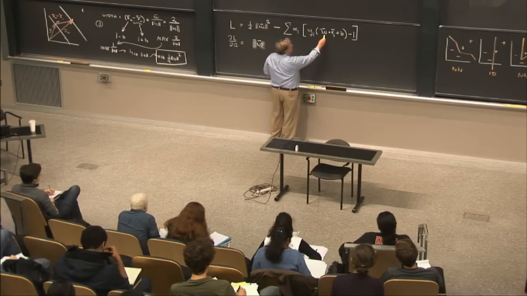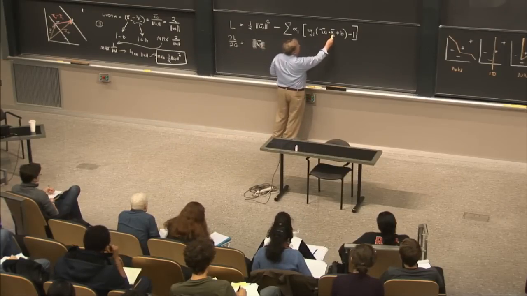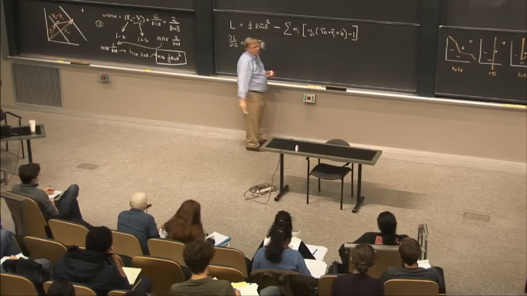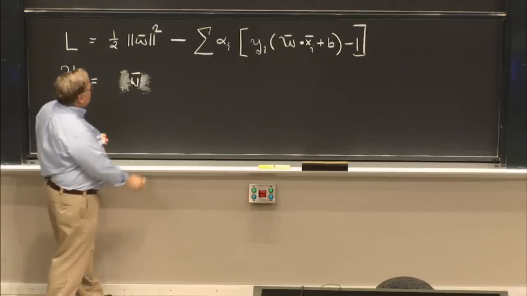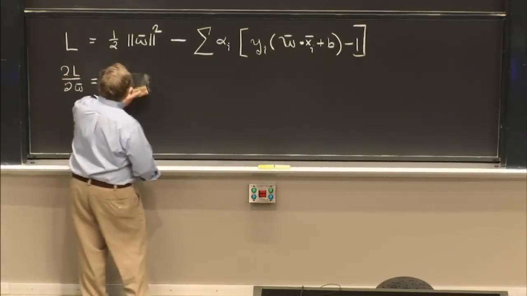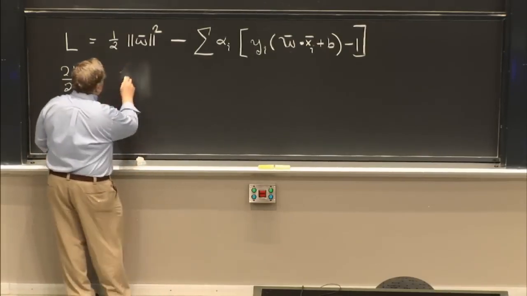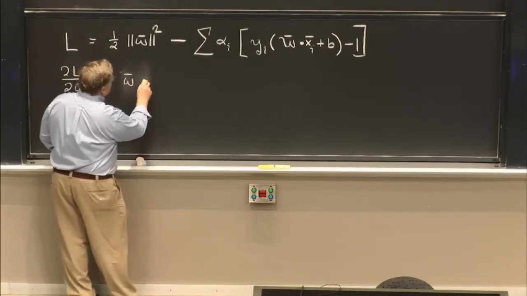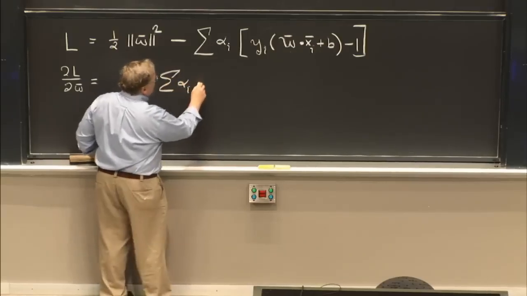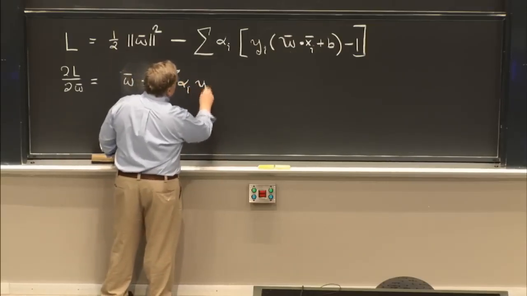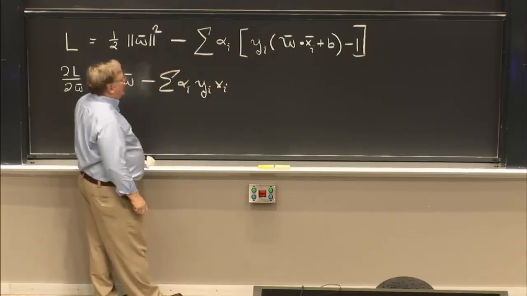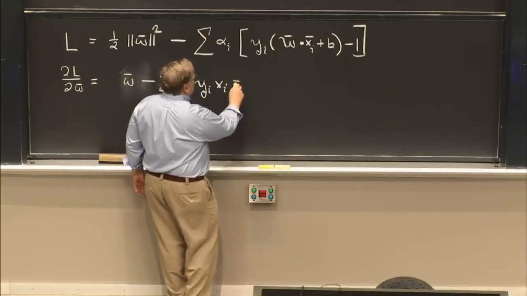So what's W multiplied by? Well, it's multiplied by X sub I, Y sub I and alpha sub I. Right? So that means that this derivative of the Lagrangian with respect to W is going to be equal to W minus the sum of alpha sub I, Y sub I, X sub I, and that's got to be set to 0.